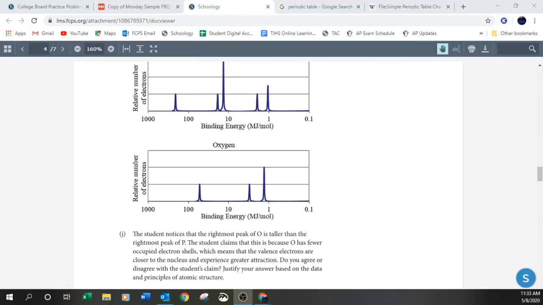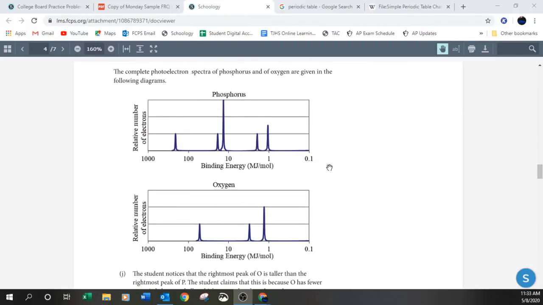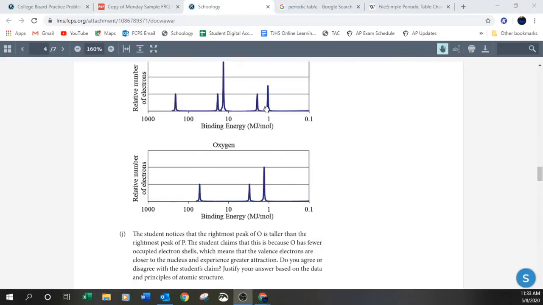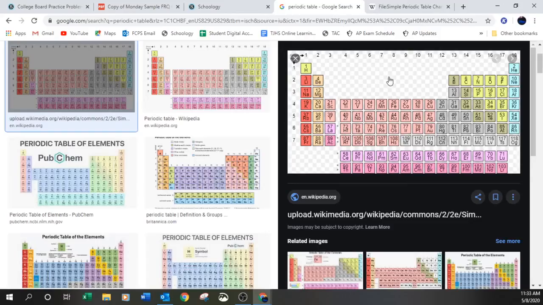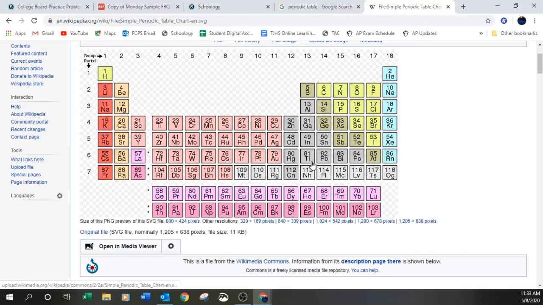Alright, so clearly the phosphorus has the extras. Phosphorus has lower overall peaks. Okay, so if we look at where phosphorus and oxygen are in relation to one another on the periodic table, they gave you two that are diagonal from each other instead of simply one beside the other, which gives you two distinct things to look at.